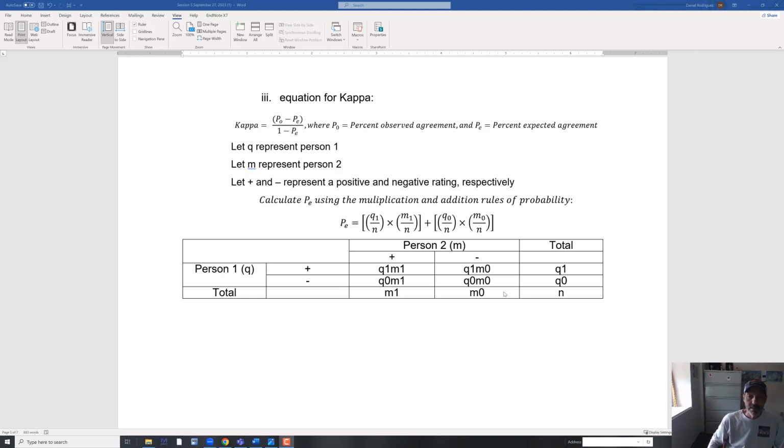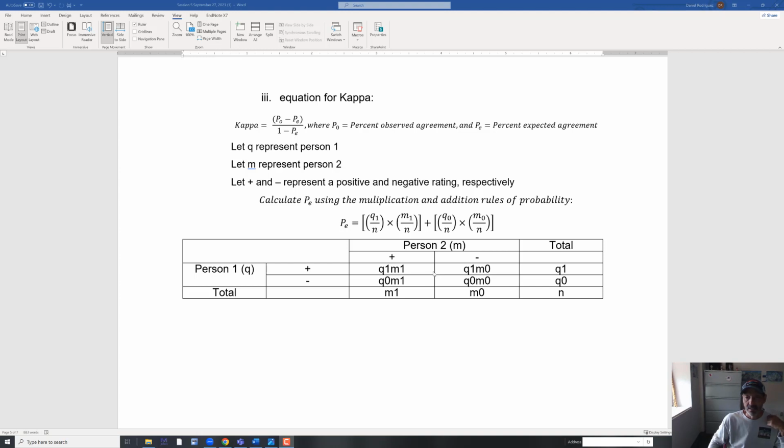When I say we use probability theory, it's because there's two ways that we can have an agreement. Either both person 1 and person 2 rate the patient as positive, positive for hypertension in our example, or both person 1 and person 2 rate the observed individual as negative for hypertension, right? We get this Q0, M0.